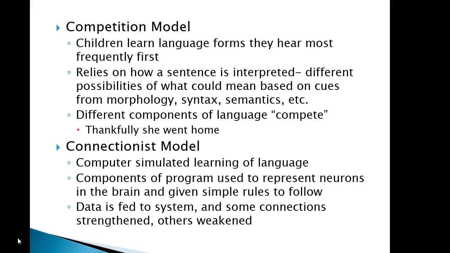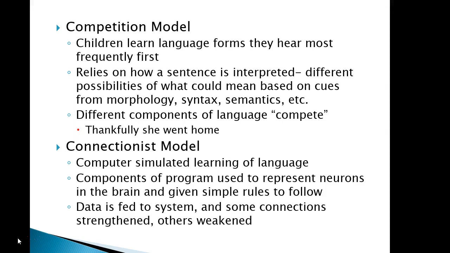In the competition model, the suggestion is that children learn language forms they hear most frequently. And a lot of this was based on this idea of sentence interpretation. And so the research that has been done has to do more with modeling and simulation versus actually giving children specific sentences to process and then see what happens.